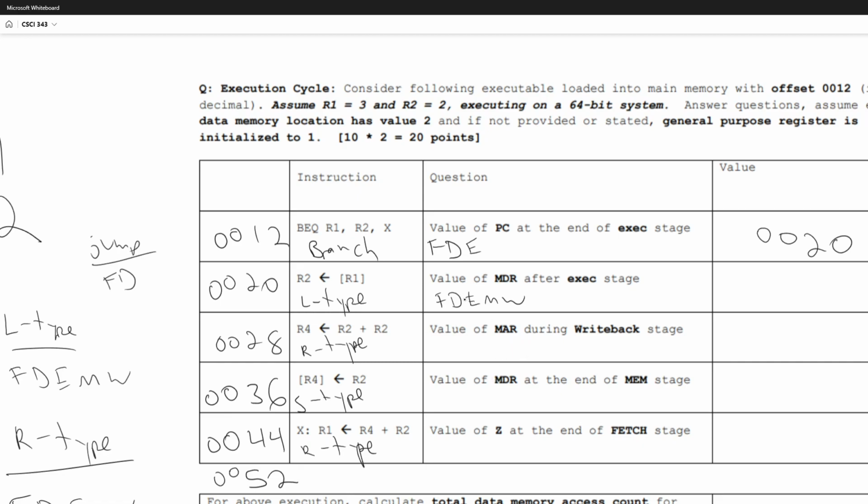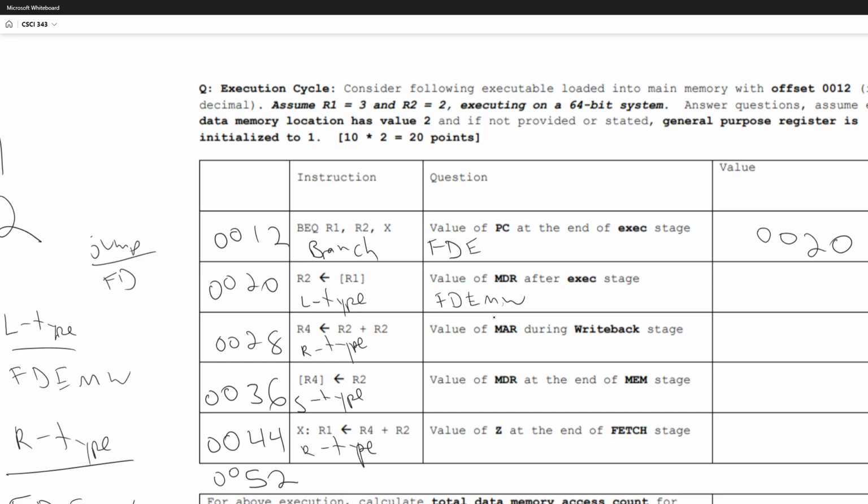The exec stage is where it sets up the MAR and the control, but it doesn't actually get the data on the MDR until after the mem stage for loads. So the MDR after the end of the exec stage is going to be whatever was on it from the previous instruction, I think, right?